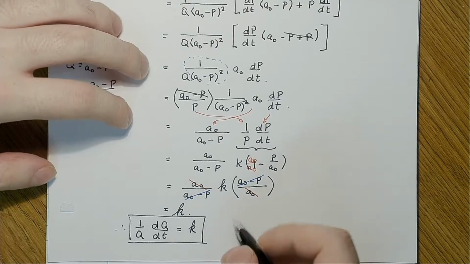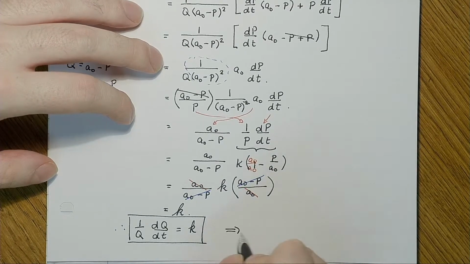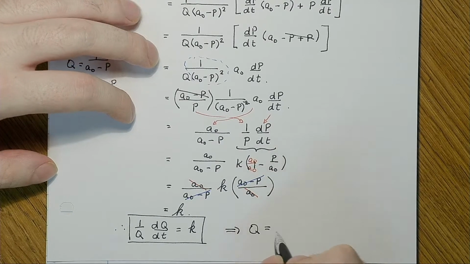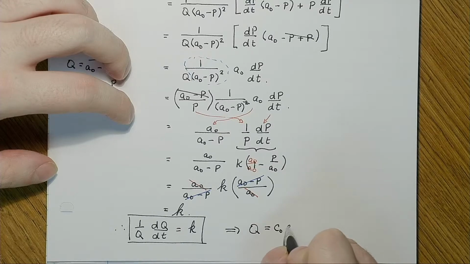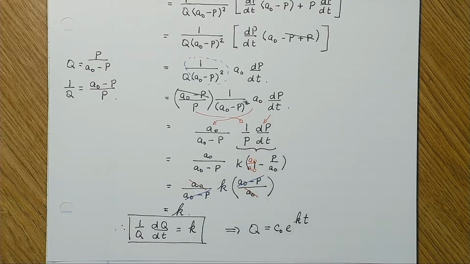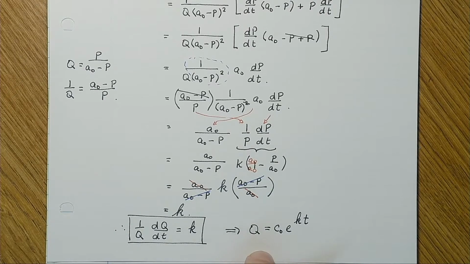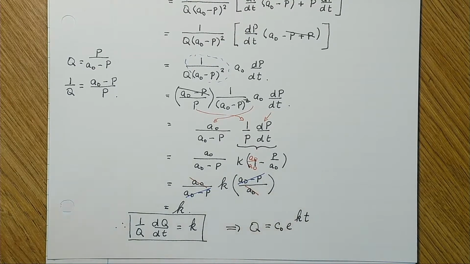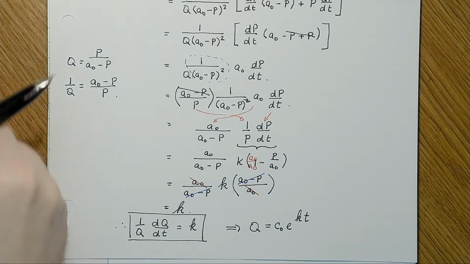Which means that from this, I know that my q is equal to c naught e to the kt. And now all we have to do is substitute our values, or change the variable q back to p. So that was kind of the trick.